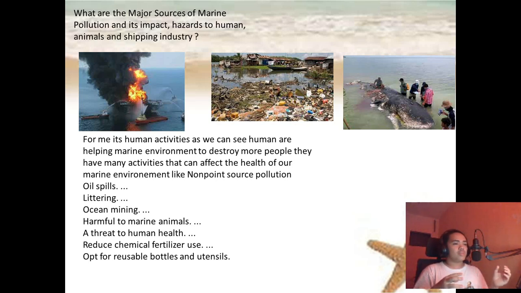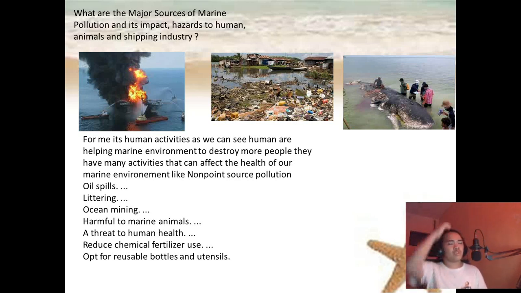For example, if you swim in a polluted beach, you may get a skin disease like fungi, etc. Or all the life in that area will die due to the high chemical rate. So what happens to the people around that area? They will experience a shortage of income. Most of the people near the beach are supported by their work as fishermen.